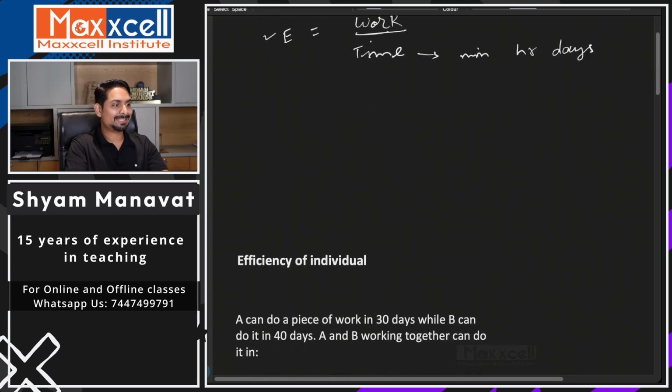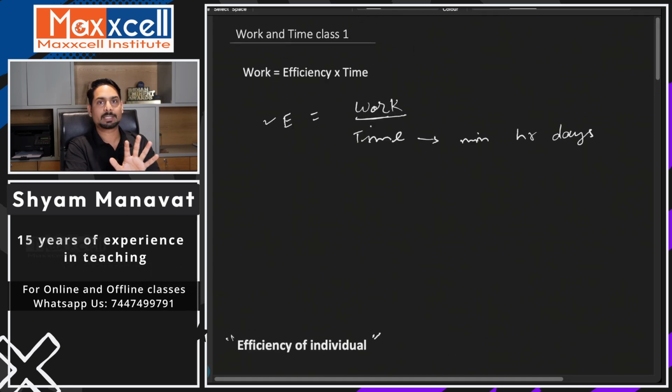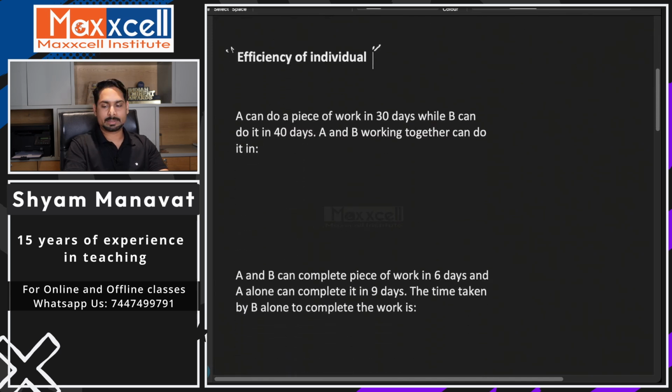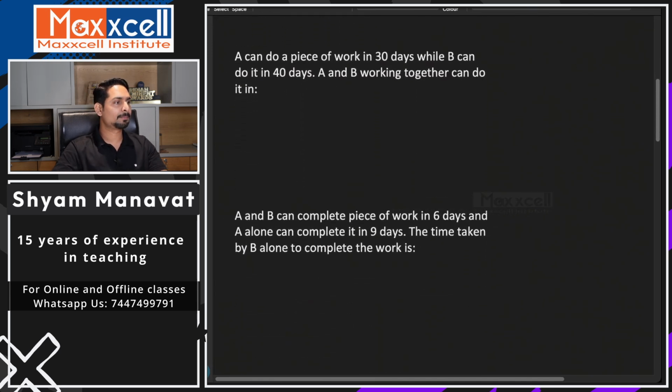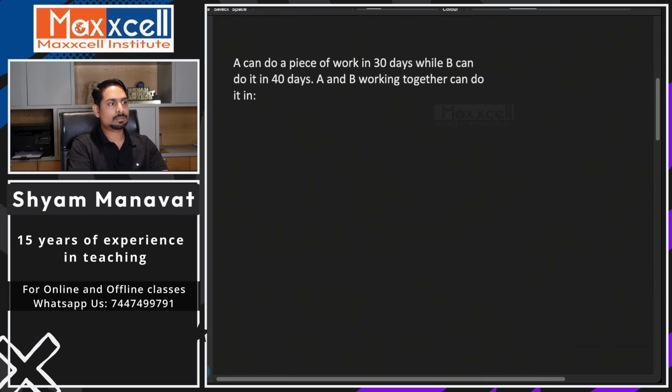Now, one of the types is efficiency of individuals. When you see a question where the efficiency of an individual is given, how do you handle those questions? The formula is the same: work equals efficiency into time. Look at this. Let's say you got a question: A can do a piece of work in 30 days while B can do it in 40 days.